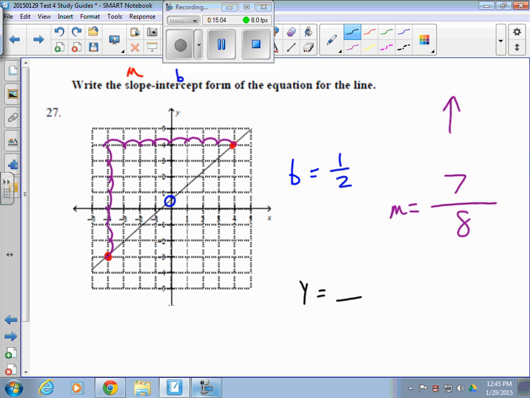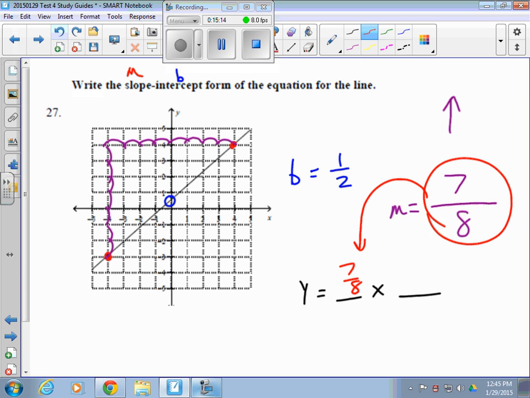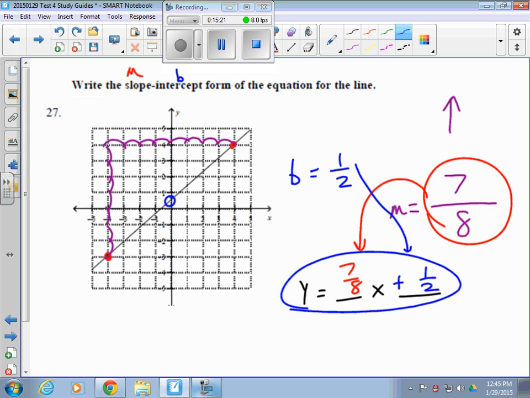Y equals mx plus b. M is this one, 7/8, and b is plus 1/2. Y equals 7/8 x plus 1/2.